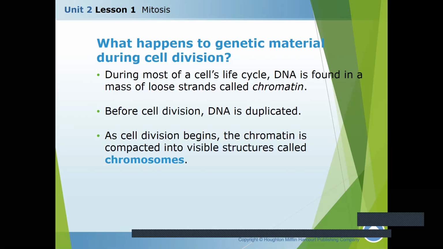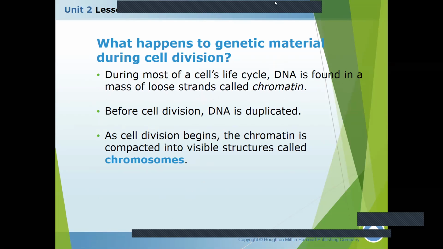What happens to the genetic material during cell division? This is very important, girls. You can take a picture of it and listen to the class carefully. I will repeat it maybe two to three times. During most of the cell life cycle, DNA is found in a mass of loose strands.